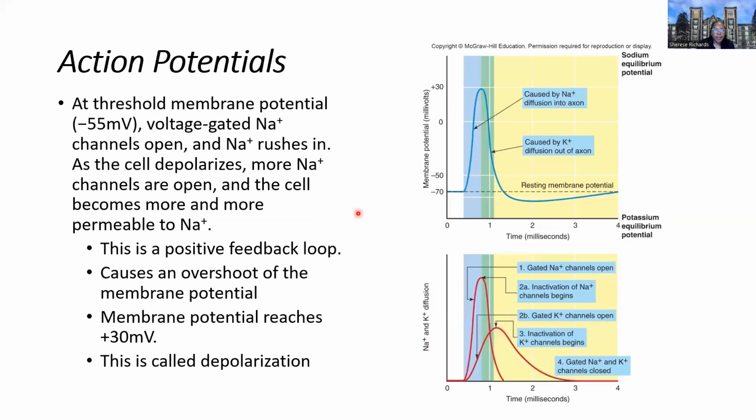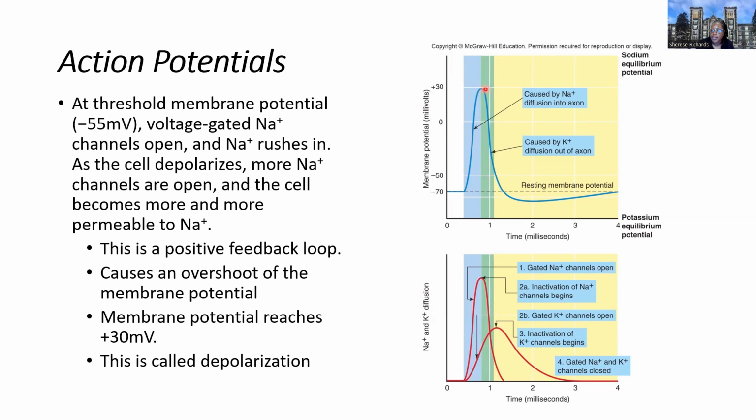Okay, so if we think about the positive feedback change, this is the initial change of the membrane potential. So just to reiterate this in a different way, here's our resting membrane potential. Here is our upstroke or depolarization of the action potential. This is caused by the movement of sodium into the axon. And then because of the gating mechanisms we described, at +30, we're going to have movement of the membrane potential in the opposite direction.